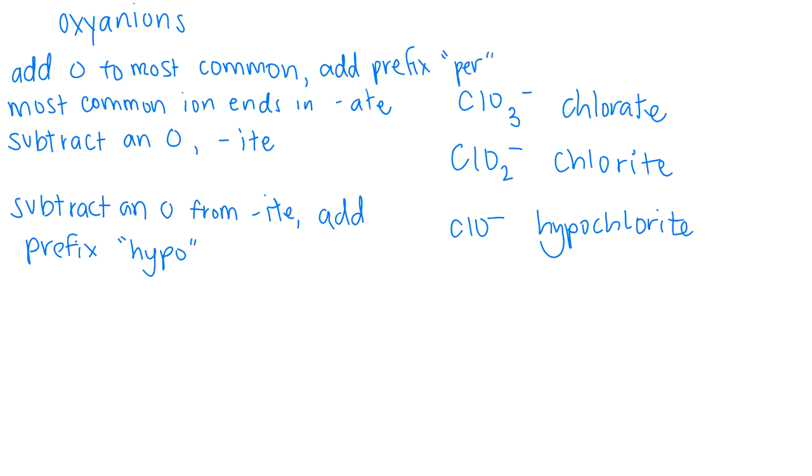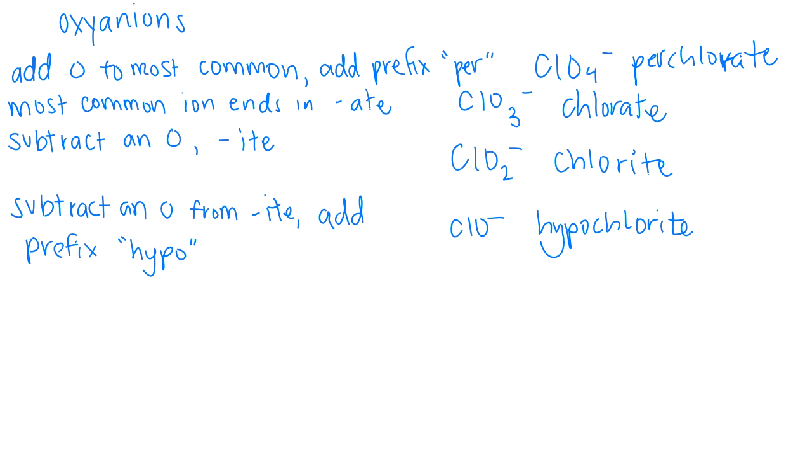So if we add an oxygen to chlorate, it'll be ClO4 negative. So this is called perchlorate. Looks like chlorate, but that's an R, perchlorate.